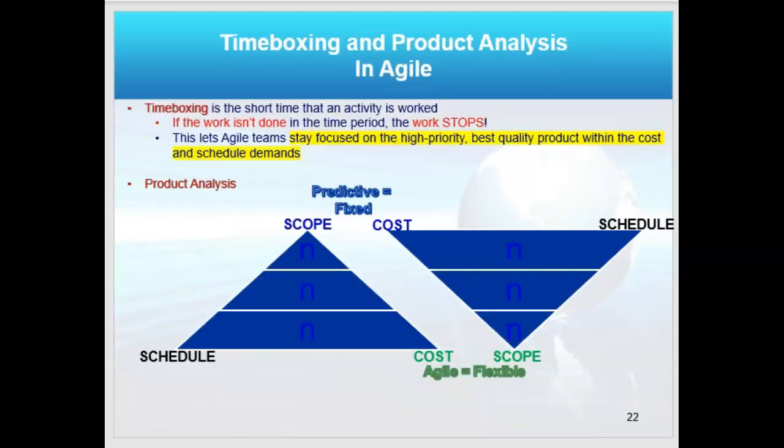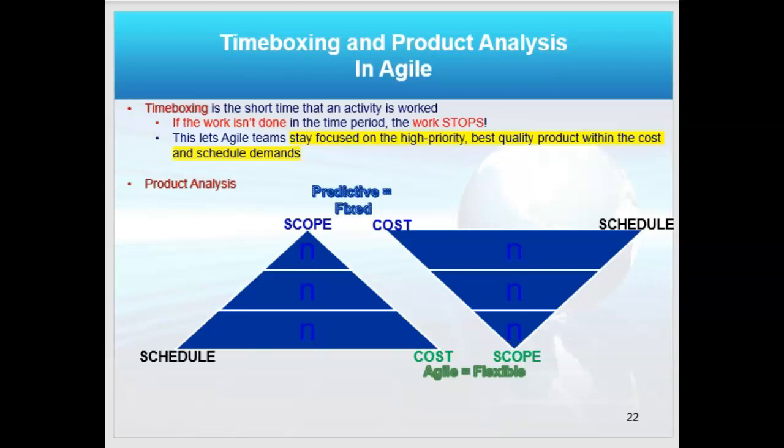Now, if I'm talking agile, right, I'm going to talk things like time boxing and product analysis, right? So in time boxing, this is a short period of time that an activity gets worked on in agile. And if the work isn't done in that time period, you stop anyhow and move some of those stories over to the next iteration, which will also be time boxed.